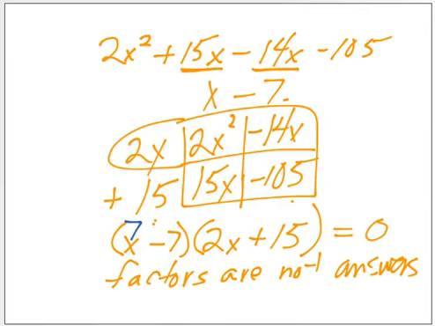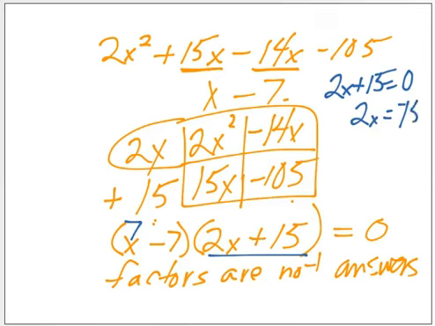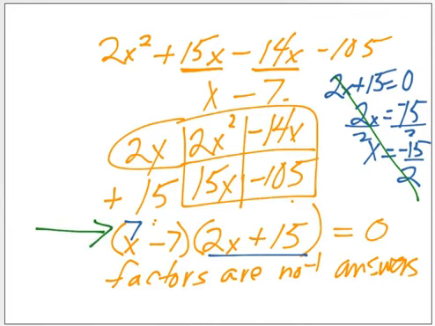Now the other one is the weird one, so let's go ahead and do our mini equation, which is 2x plus 15 equals 0, 2x equals negative 15, x equals negative 15 over 2. Now our problem asked for positive integers. This is not a positive integer, so that means our answer is 7.